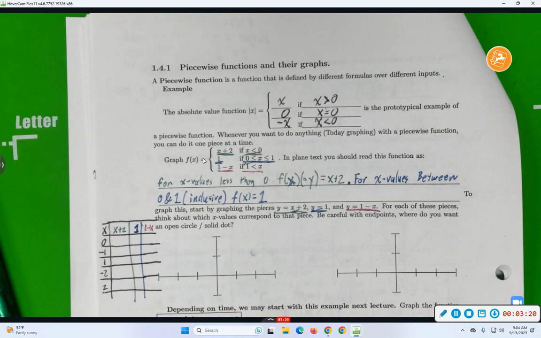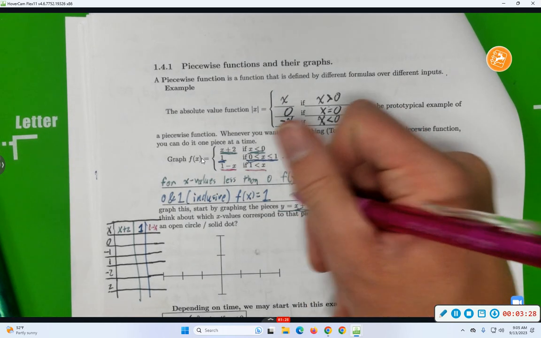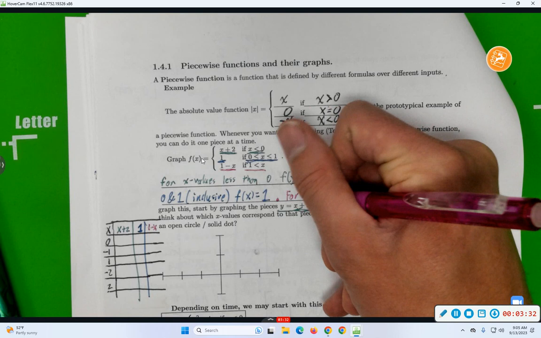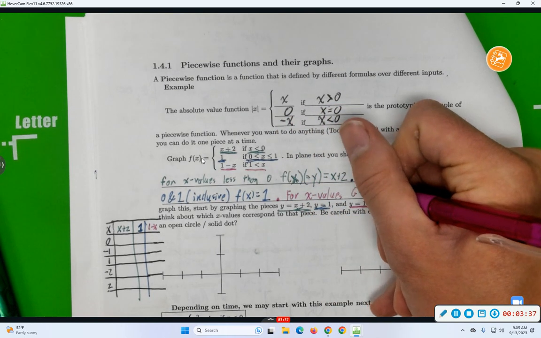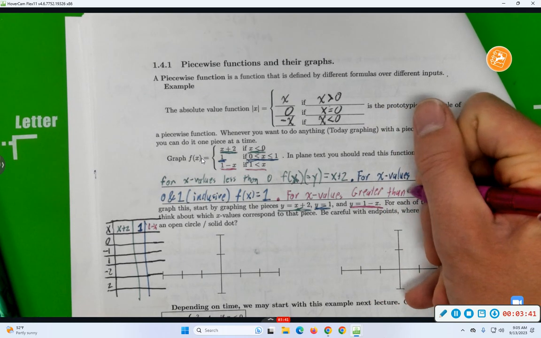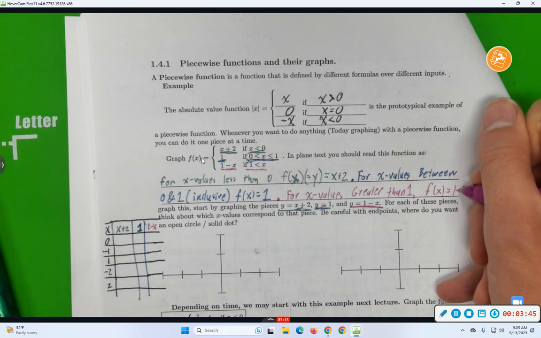So for x values between 0 and 1, if you were to graph this thing, you would just see a y value of 1. And finally, for x values greater than 1, f of x is 1 minus x.